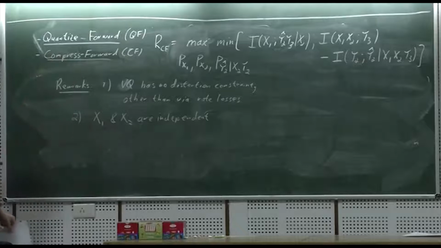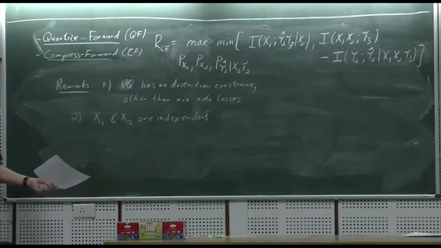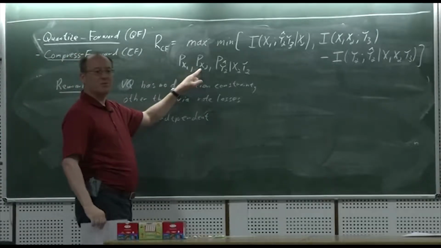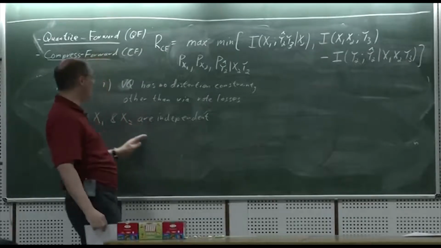The inputs are statistically independent. Okay, so that prevents you from doing beamforming, which might be especially not so nice if you have multiple antenna transmitters, right? So we might have multiple antenna transmitters here, multiple antenna transmitters here, but no beamforming between them, okay? So that's one disadvantage of this method.